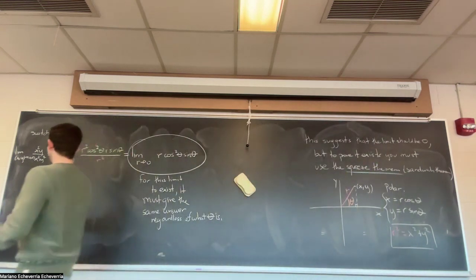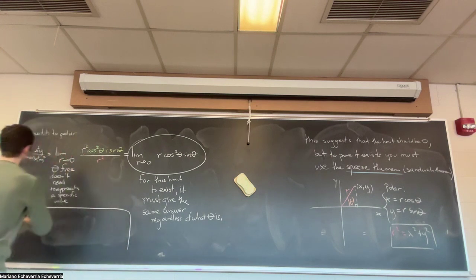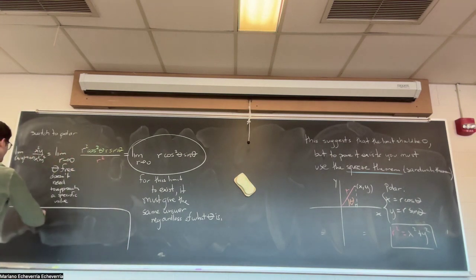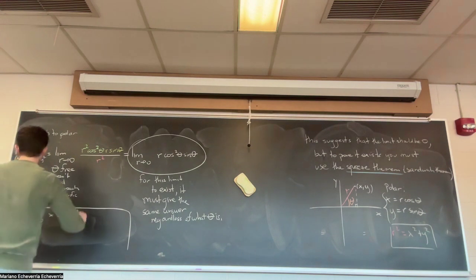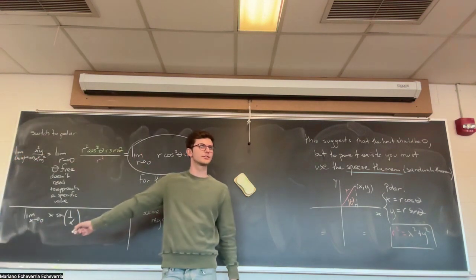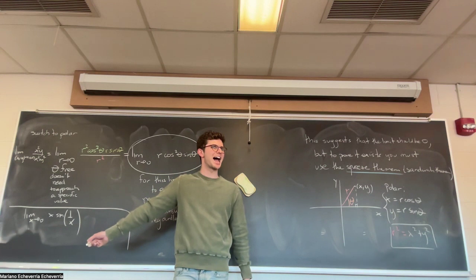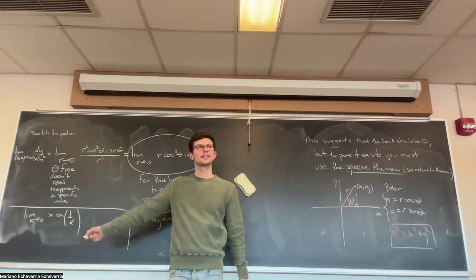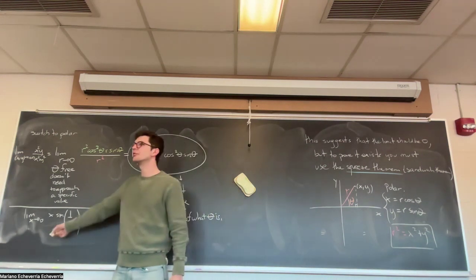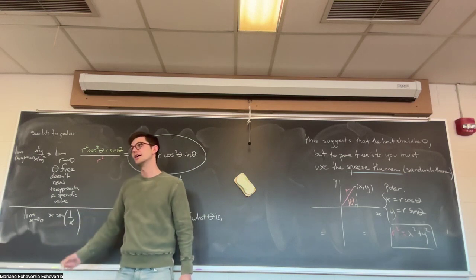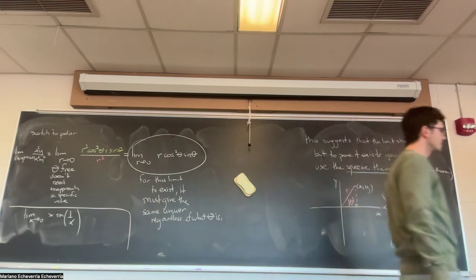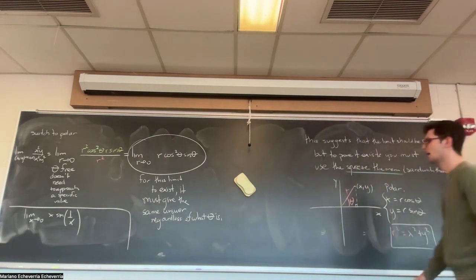Just to remind you, the typical squeeze theorem problem was something like the limit as x approaches 0 of x times sine of 1 over x. I don't know if you remember those types of limits. The idea is that you cannot just evaluate at 0 there, but what you would use is the fact that sine is always between -1 and 1. It is something similar to what we're going to do here.